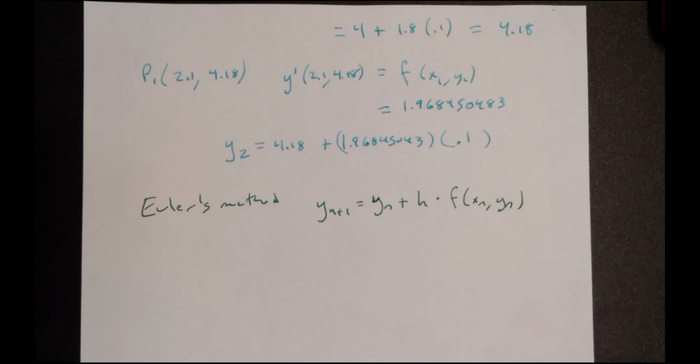The next y value is found by taking the last y value, finding the slope, multiplying by the step size, and adding them together.